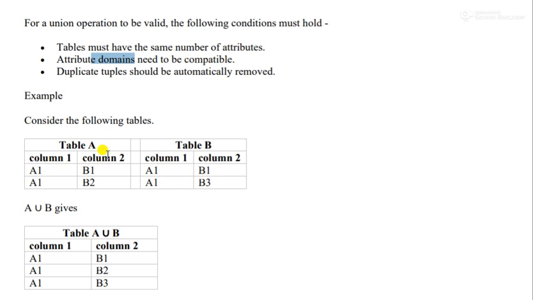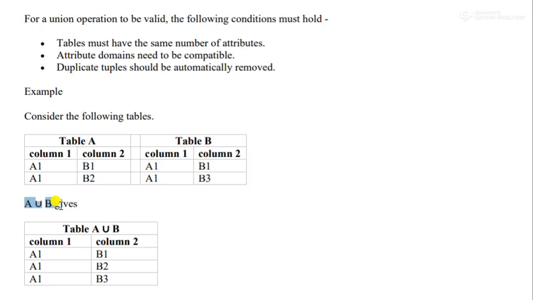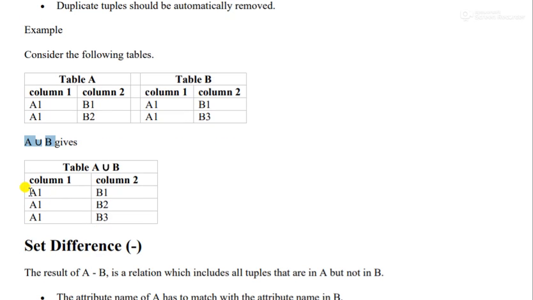So if we want to find the union of these two tables, it will be represented like this: A union B. And what it gives me, see, all the rows it is showing, and the duplicate tuple it is showing only one time. For example, A1 B1 was there 2 times, but here you will see it has been shown only one time. Then A1 B2 from here, and then A1 B3 from here. I hope union is clear to you.